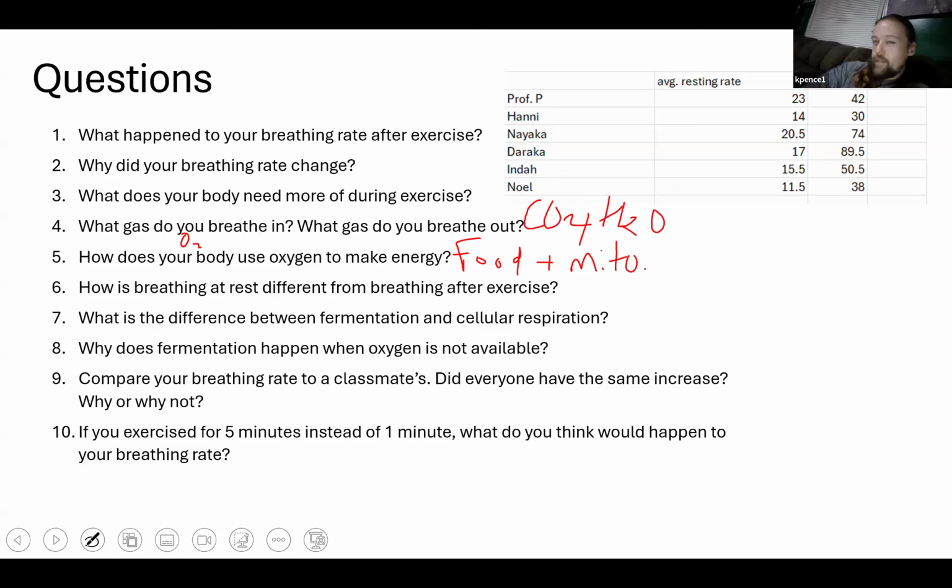So would it make sense that the resting rate is lower because we don't really need the energy at the time? Does that make sense? If you're not in need of energy, you don't really need that much oxygen, but we're still having to breathe because we need a little bit of energy.